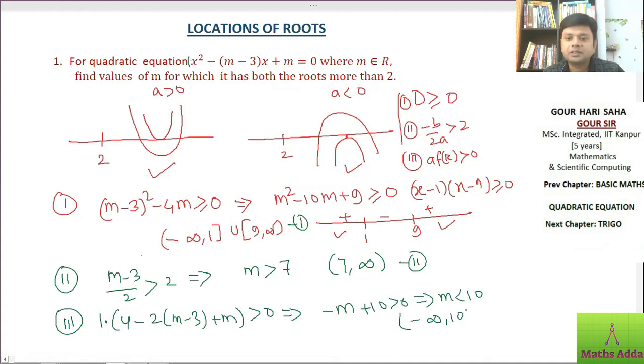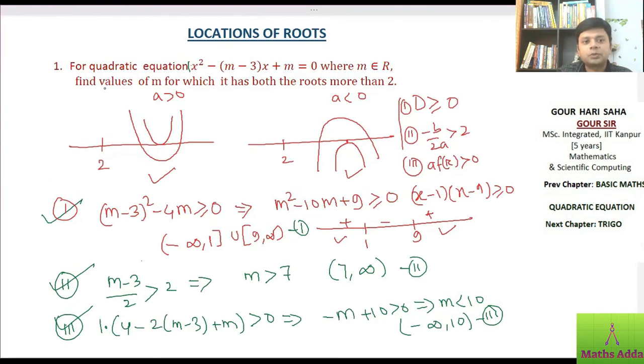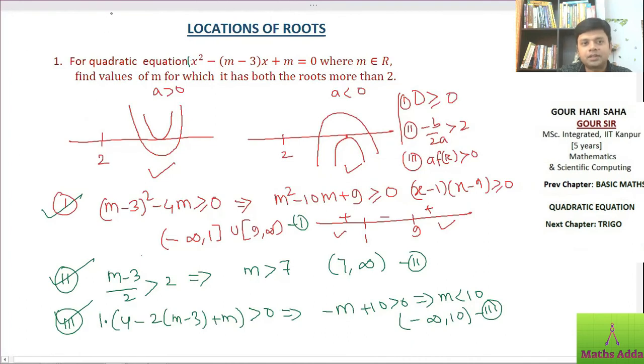This is the third part. Now what are we looking for? We are looking for m which satisfies first, second as well as third, right? And how can we do that? We can do that using intersection. So plot a number line, take the common part, that's your answer.